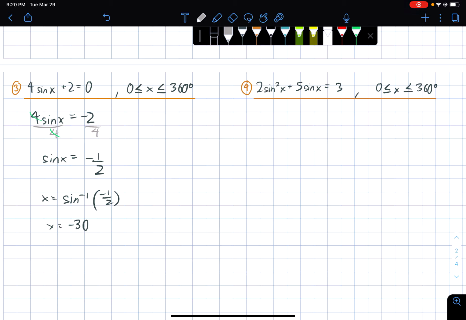It's not considered a solution since it's outside the specification. Therefore, we could only use it to find the other will-be solutions. So 180 minus x, or minus negative 30, x is equal to 210 degrees.